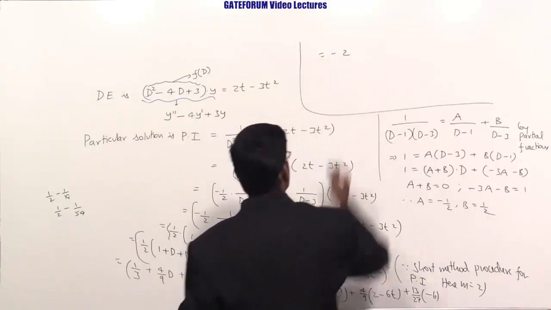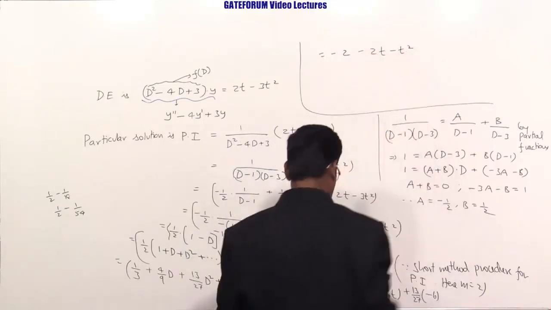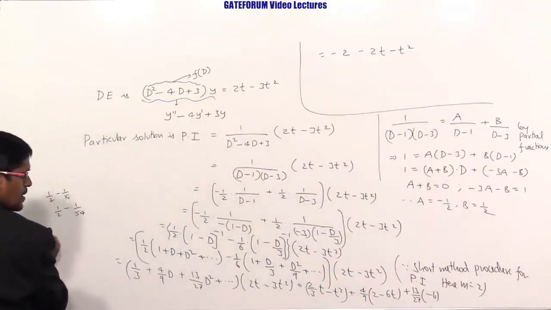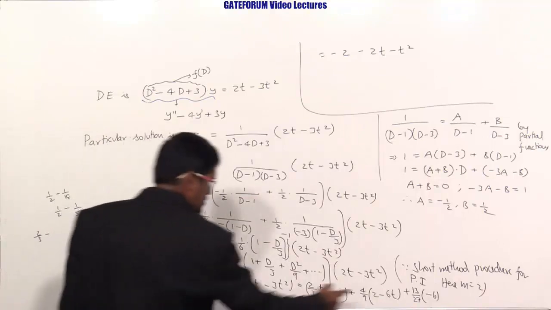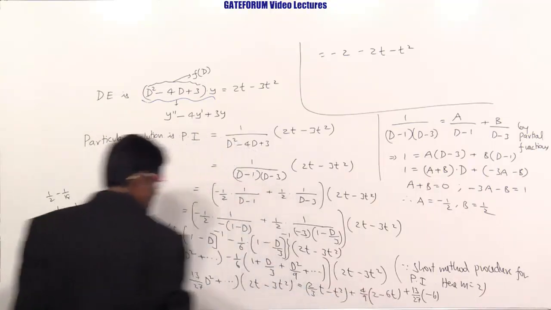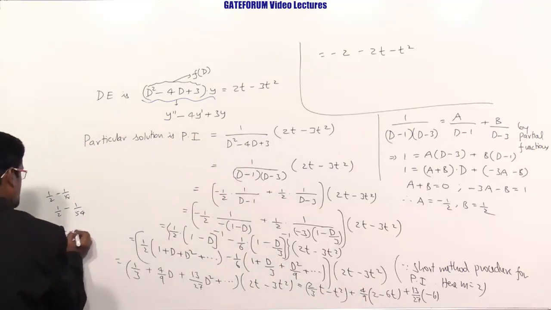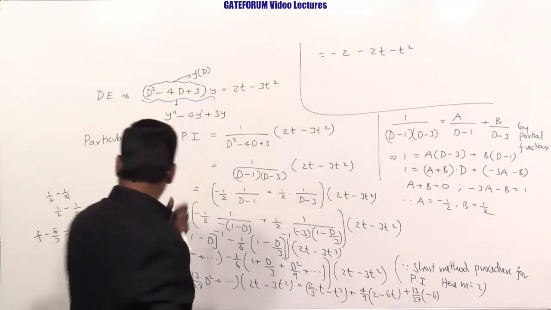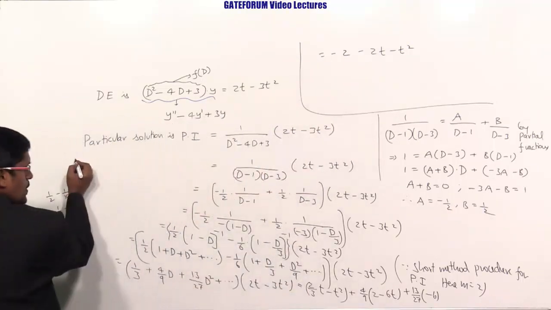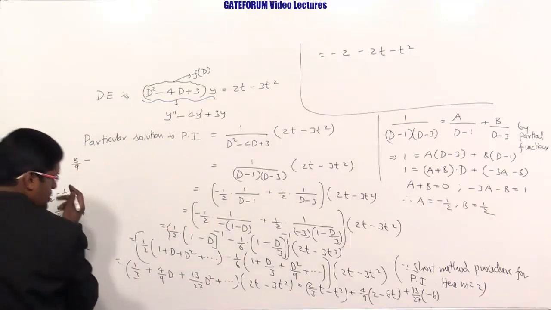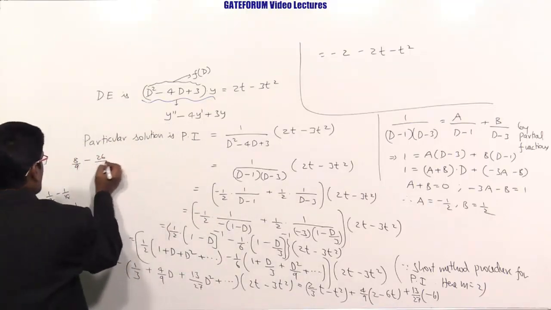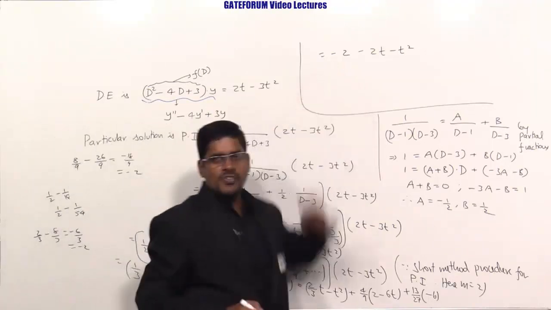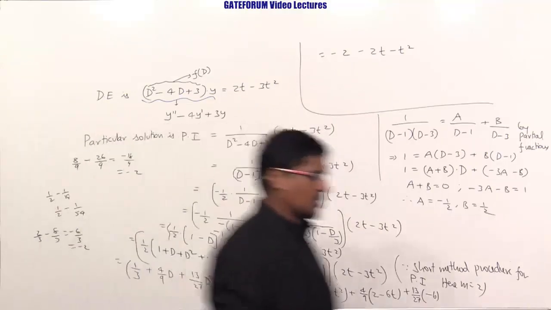Next minus 2t and minus t square, so there is minus t square. For t, 2 by 3 minus 3 times 4 by 9, 8 by 3, so minus 6 by 3, nothing but minus 2, so we got minus 2t also. And the constant term that remained, 8 by 9 minus 26 by 9, so minus 18 by 9, nothing but minus 2, so that simplifies. This is just for cross check purposes.